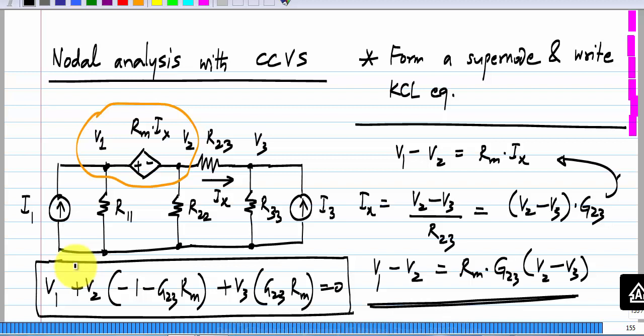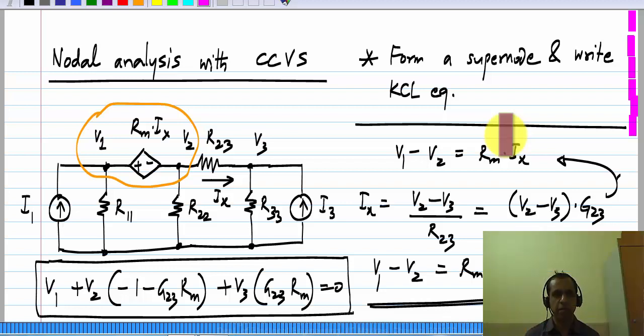The only difference is you had to go through an extra step to identify what is on the right hand side, because the current is unknown and the primary variables in nodal analysis are the node voltages. So you have to write that current in terms of node voltages. So when the controlling current is flowing through a resistor, whether you have a current controlled voltage source or a voltage controlled voltage source, you analyze it similarly.